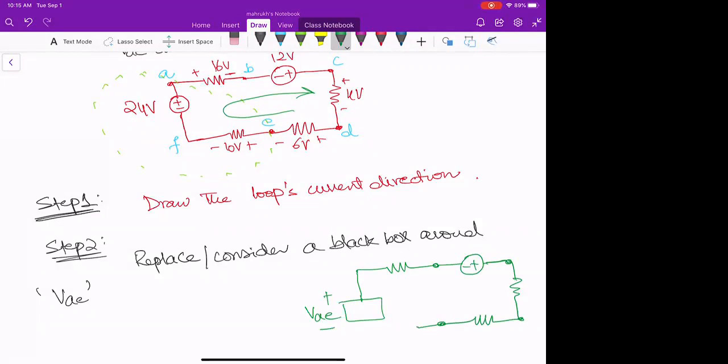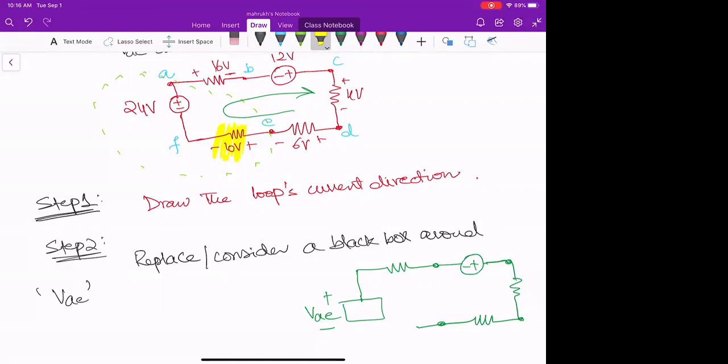Should I include the 10 volt in this circuit, or the resistor voltage, this one? No, no, because it's part of the box. What do you think? It should be in the box or out of the box? In the box. Why? Because it's in between points, nodes A and B, or A and E in the circuit.